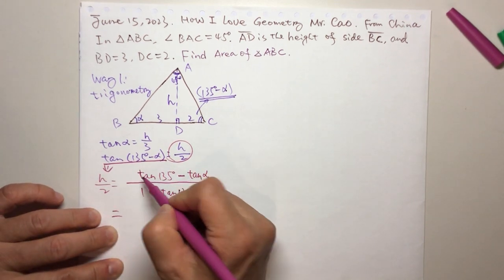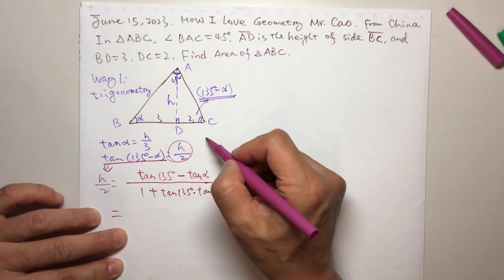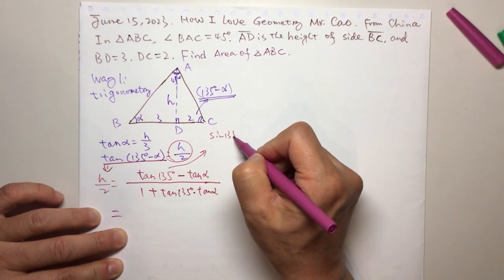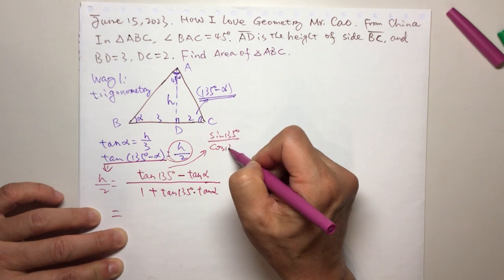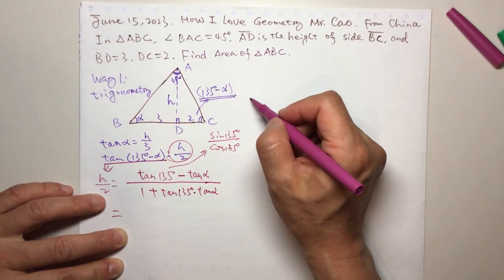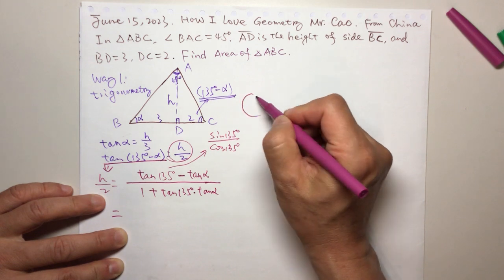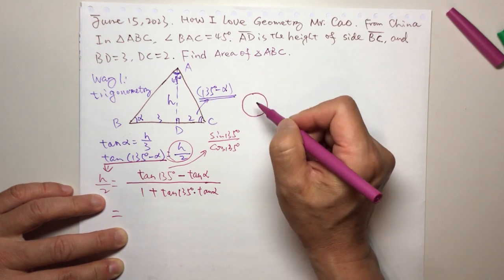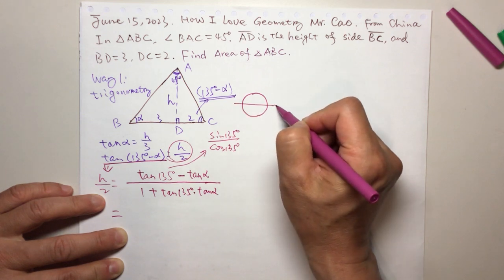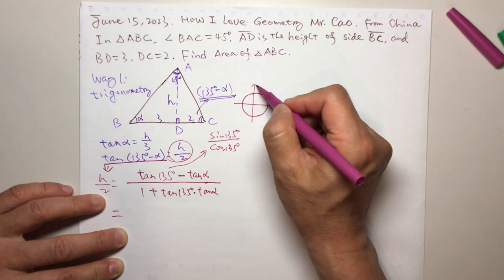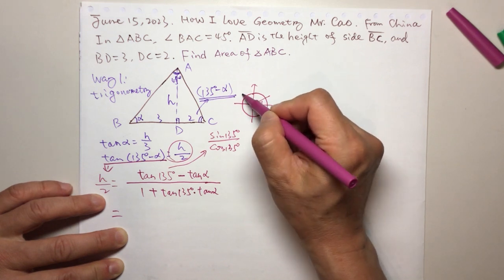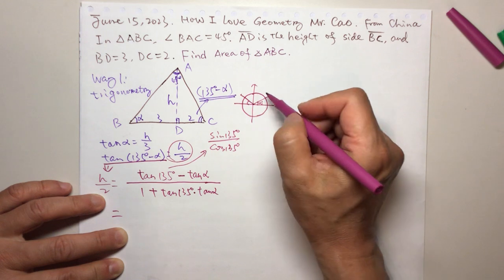And we know tangent 135 degrees equals sine 135 degrees over cosine 135 degrees. If you're not familiar with these special trigonometric values, we can use a unit circle to find all of them, right? 45 degrees and 45, also 45 degrees.